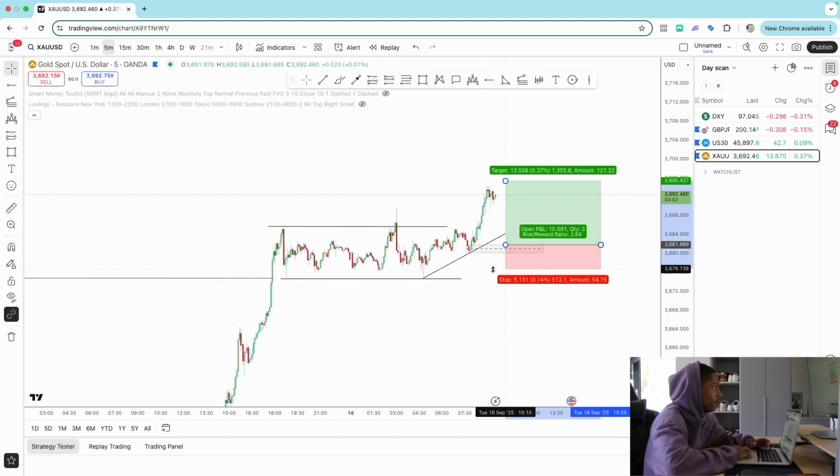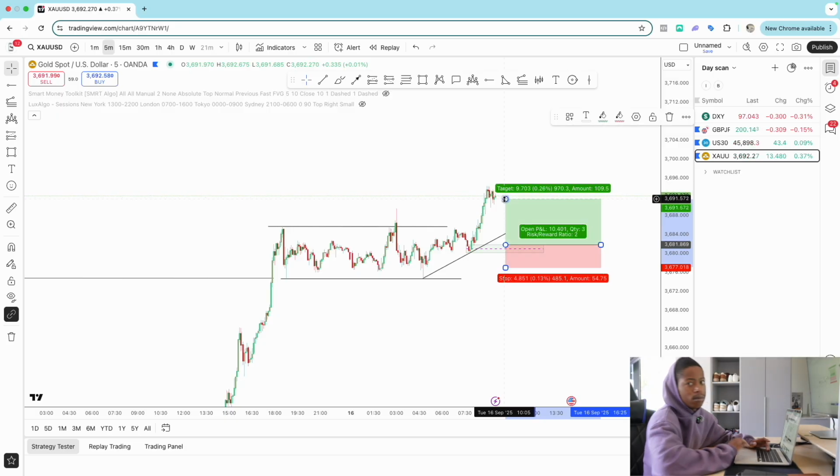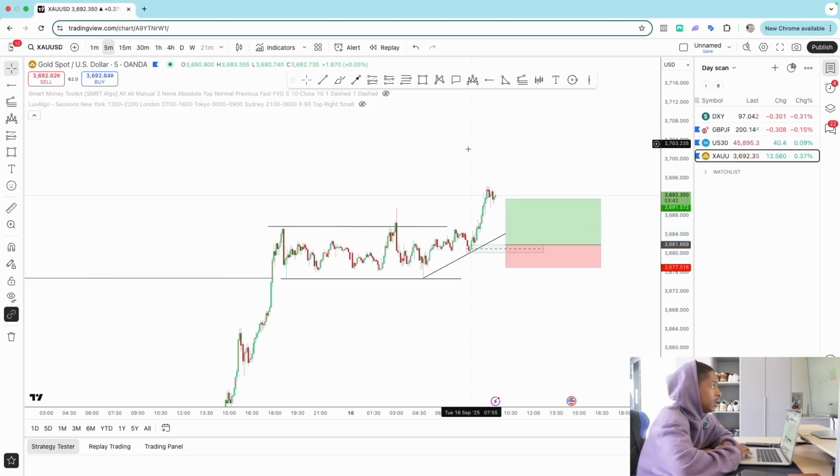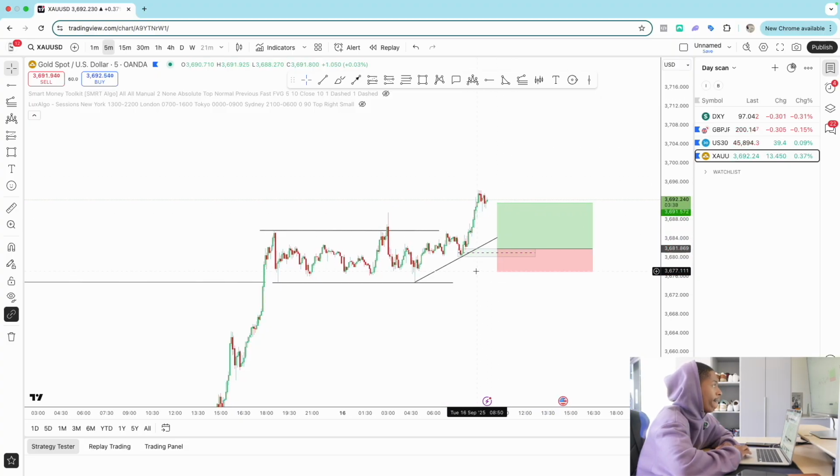Stop loss is going to be just here to be on the safe side. And I'll be looking at targeting 1:2, something like this.